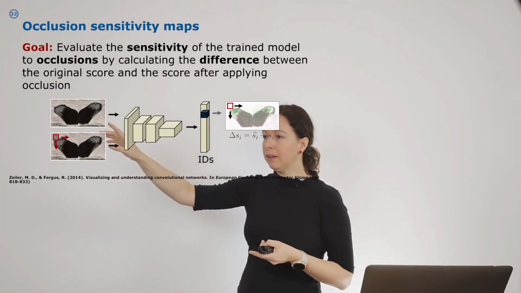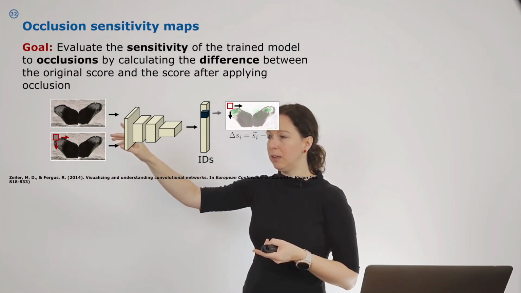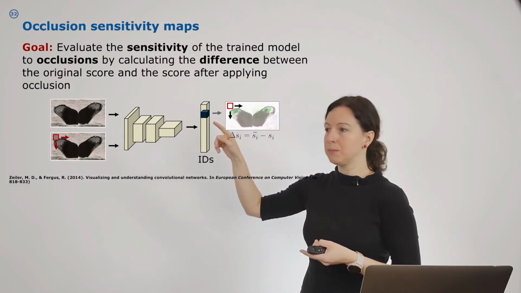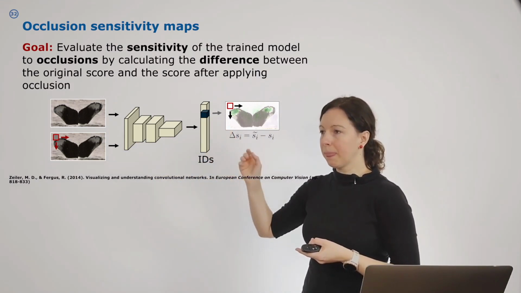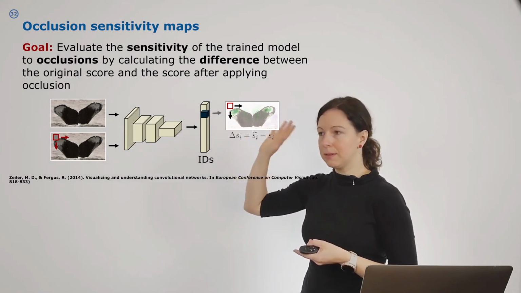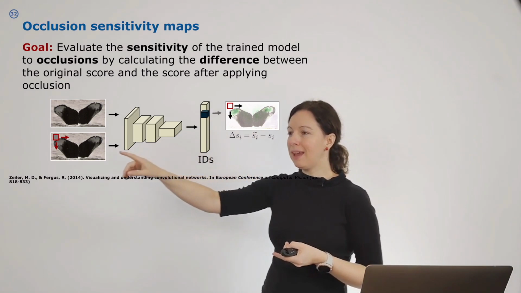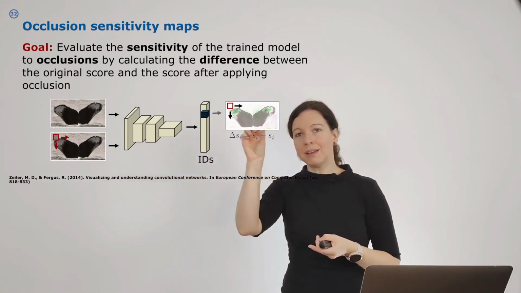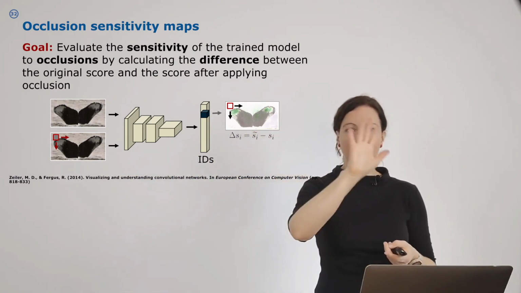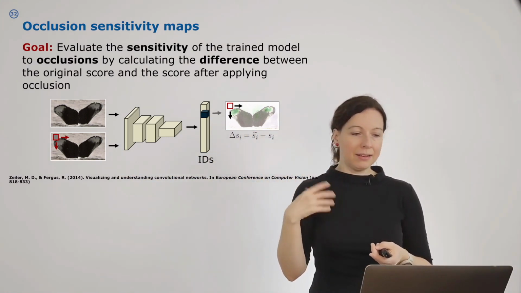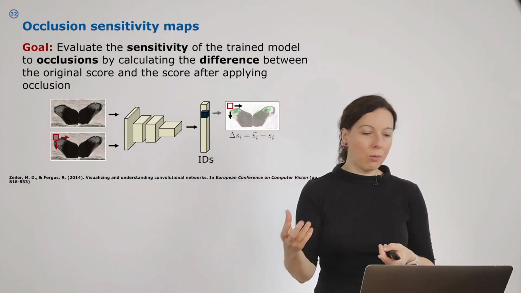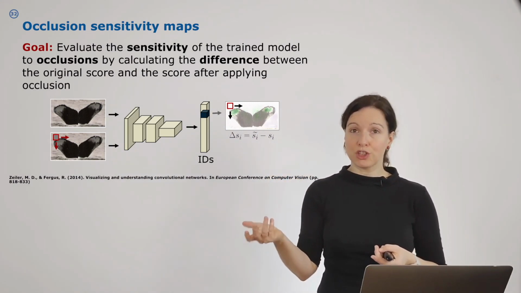You have an image and you get a specific score, in this case for a specific whale ID. You store the score, and then you systematically cover up parts of the input image, and then you record how much the score changed.